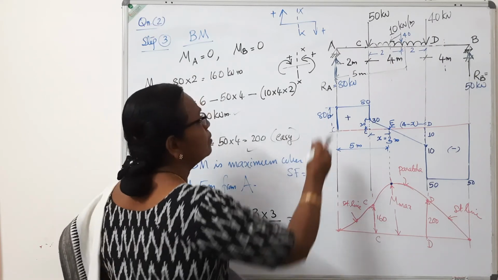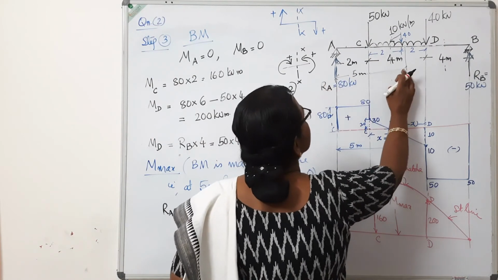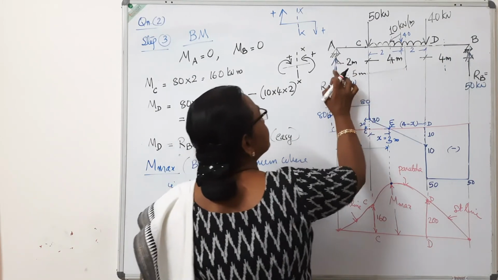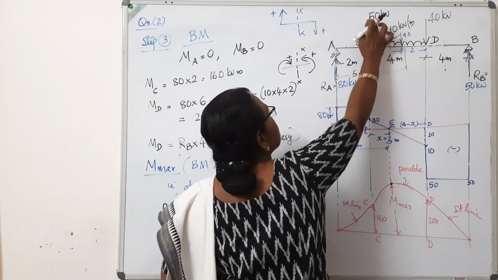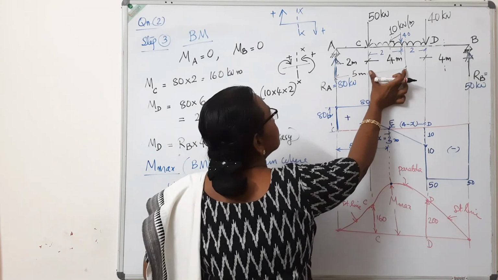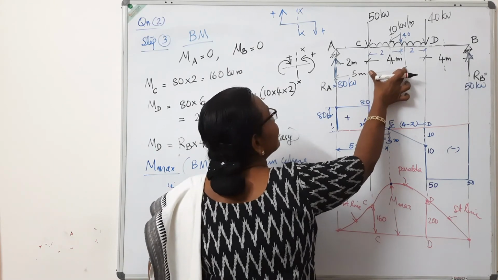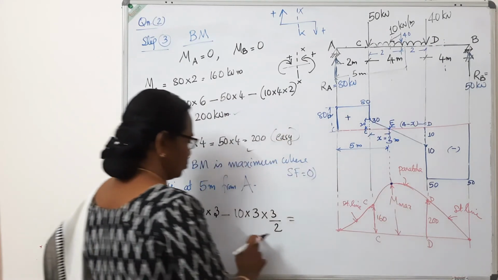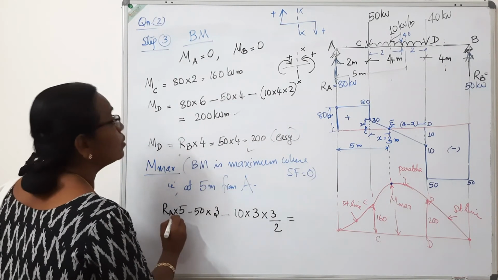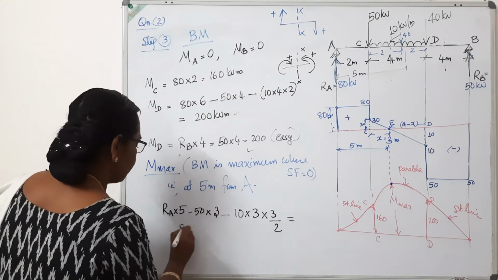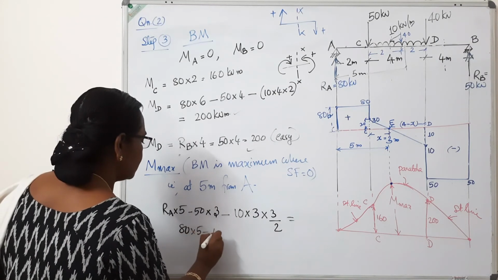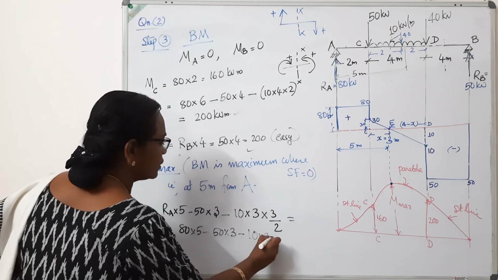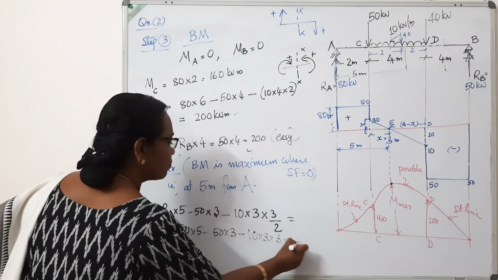So repeat once again. You consider a section at 5 meter from the left end. At 5 meter from left end, RA, 80 into 5, minus 50 into 3, minus 10 into 3 into 3 by 2.